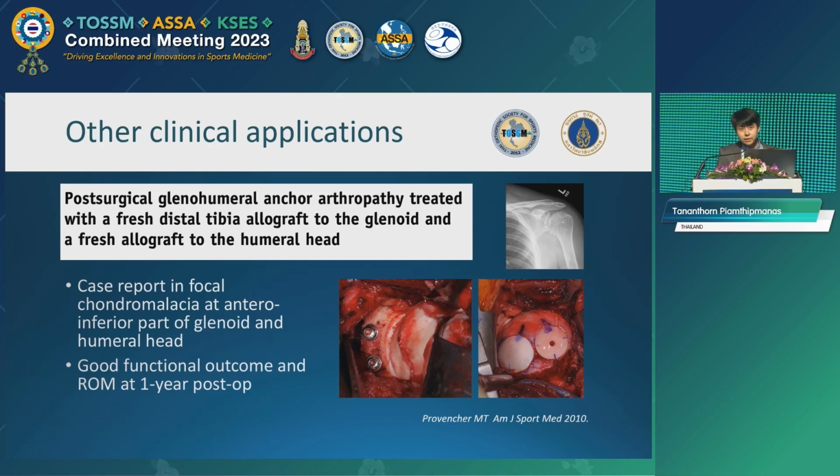Other than anterior glenoid reconstruction, Dr. Provencher also used it in post-surgical glenohumeral arthropathy and reported only focal chondromalacia at the anterior inferior part of the glenoid and a good function, but this was only one case report.